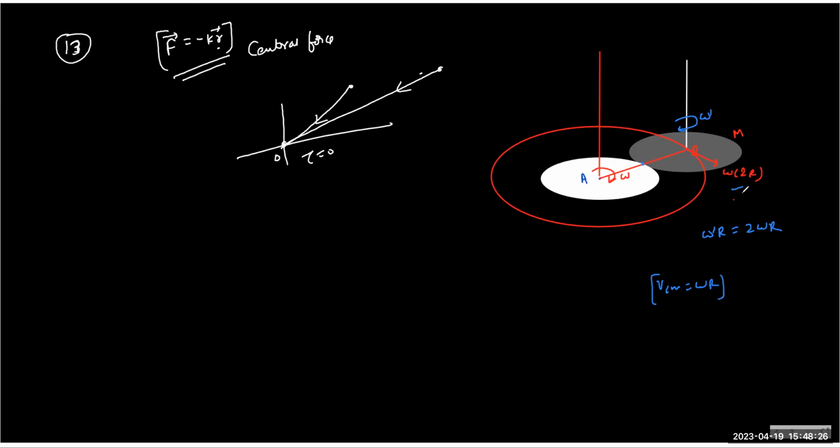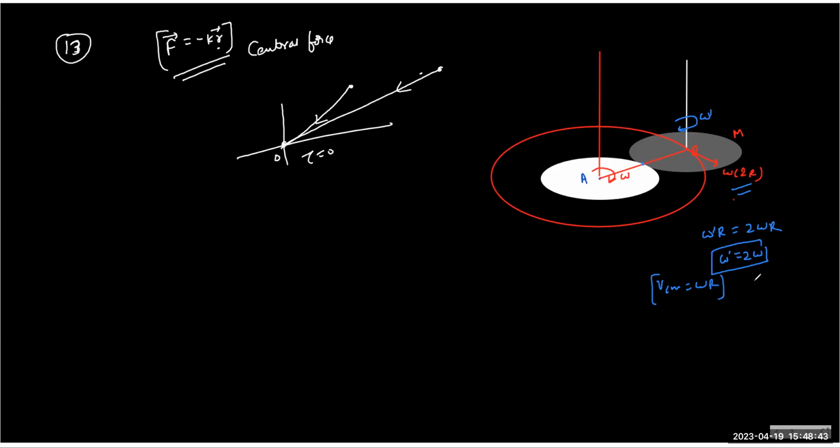So VCM we know from the given information, correct? So we can get the omega dash, which is twice the omega of the given value.